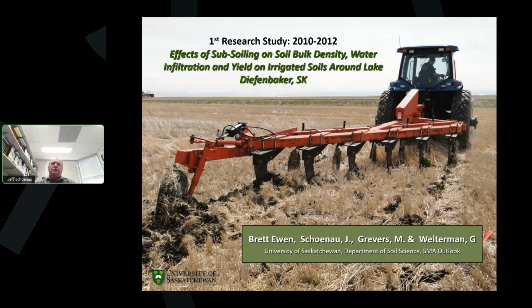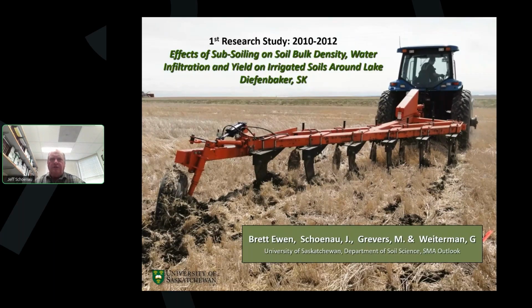Well, we thought those were the soils that would probably have the greatest susceptibility to compaction because they're irrigated, so they're wet, and wet soils tend to compact more. And also maybe a little bit more wheel traffic on those fields, higher yields, and more things like carts and trucks moving across. So that was where we did our research work. Brett Ewan was the graduate student who worked on this project with myself, Mike Grievers, and also Garth Weiderman from the Ministry of Agriculture at Outlook.